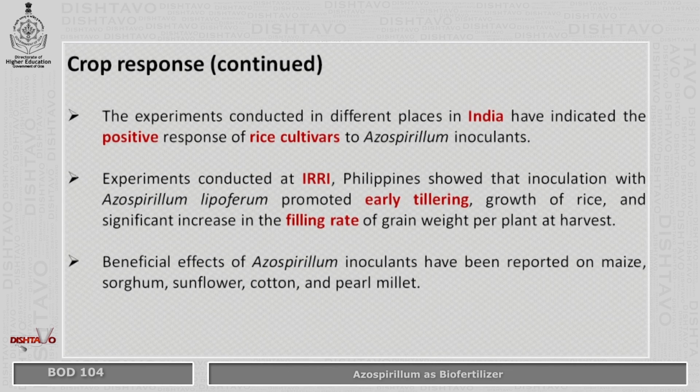Experiments conducted at the International Rice Research Institute in the Philippines showed that inoculation with Azospirillum lipoferum promoted early tillering, growth of rice and a significant increase in the filling rate of grain per plant at harvest. Beneficial effects of Azospirillum inoculant have been reported on maize, sorghum, sunflower, cotton and pearl millet.